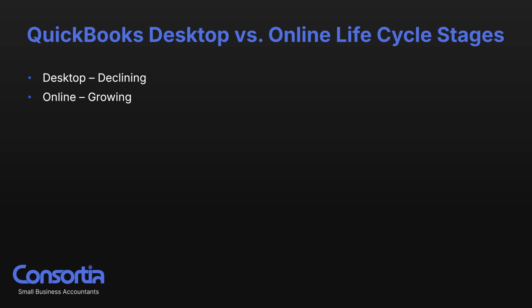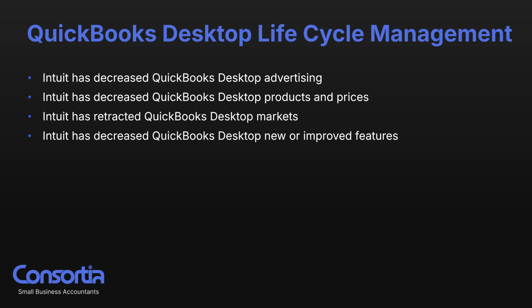So that's why we want to talk about QuickBooks Desktop versus QuickBooks Online. Obviously desktop is in the declining stage, and within the next year or two it'll be dead. Online obviously is in the growing stage, more of the latter part of emerging, growing quite rapidly. So, QuickBooks Desktop Lifecycle Management.